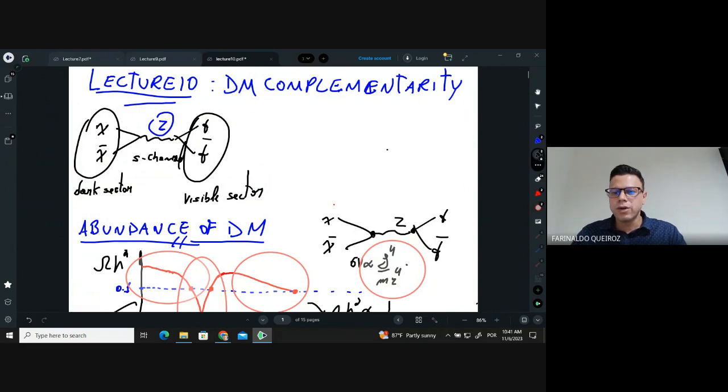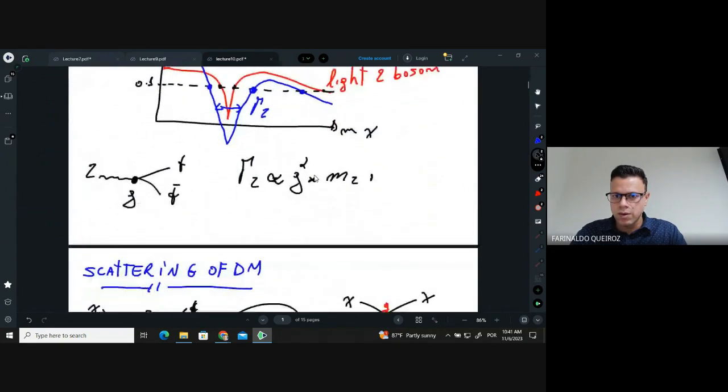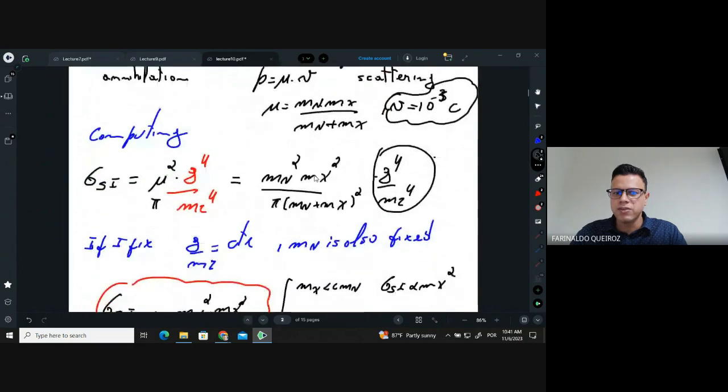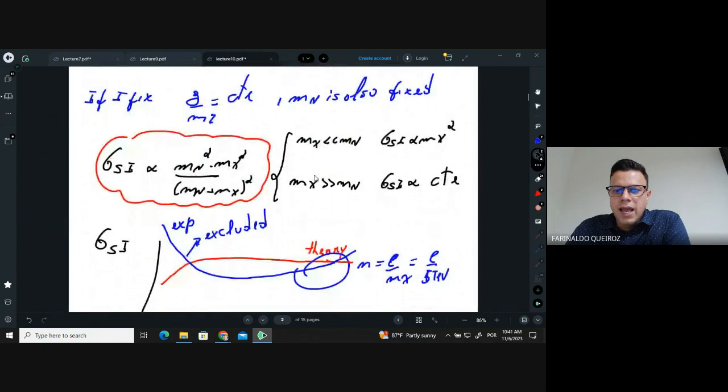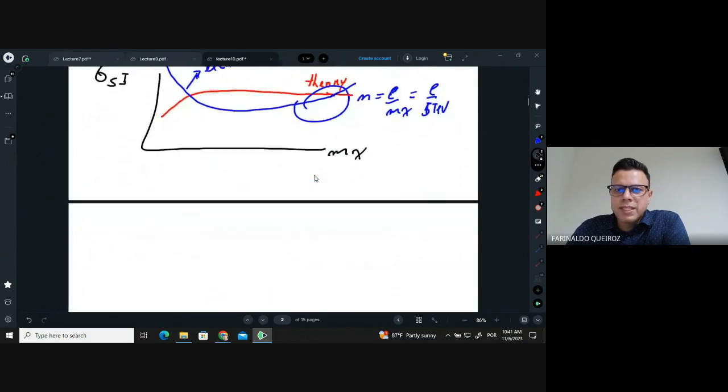So you want to get the right relic density, so you have to fix your G over mz to the fourth ratio. And the same happens for direct detection. So it's tricky. And in many cases, what happens is the following.